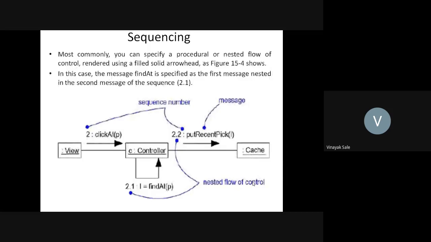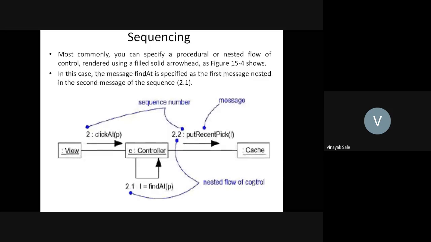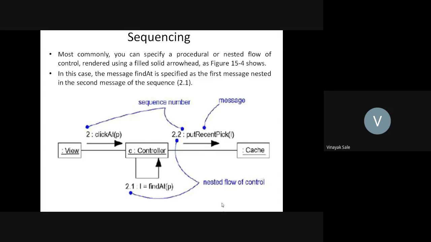Most commonly you can specify this using a solid arrowhead. So here in this figure, a message is sent from view to controller, controller to cache. Each message has a sequence number. So check at p, this is the message, and the message has number 2, this is a sequence number.